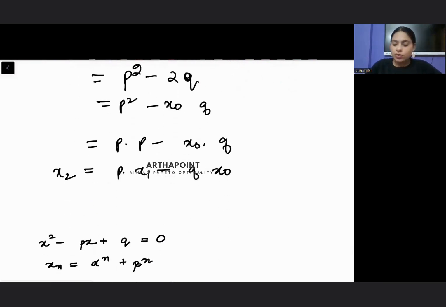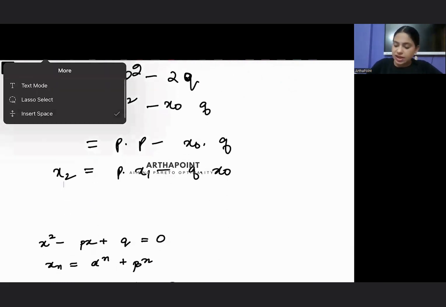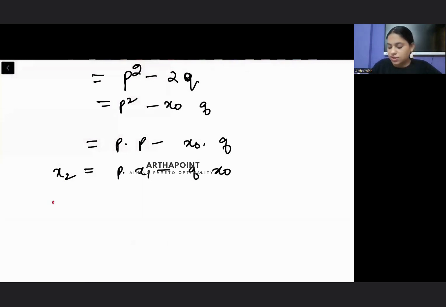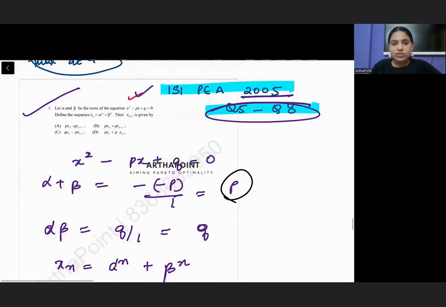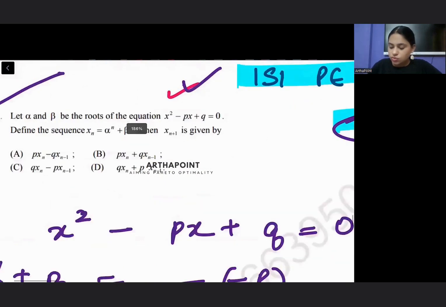If I were to generalize this, if I take n here, this will be xn minus 1 and this will be xn minus 2. So I have been able to get a general statement here.